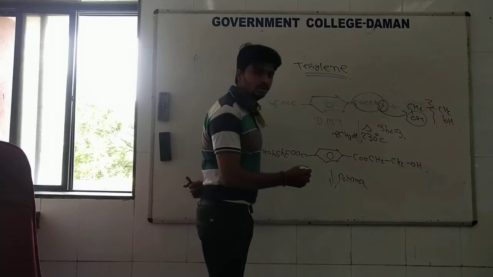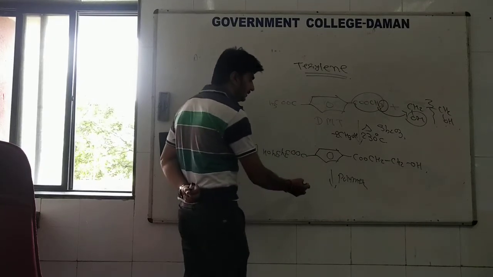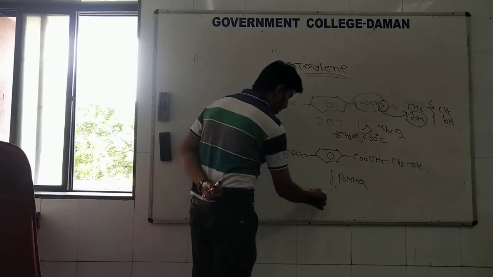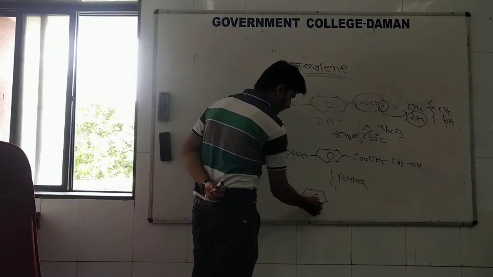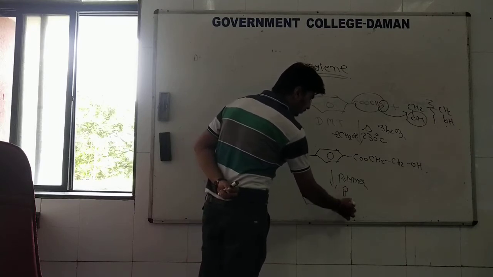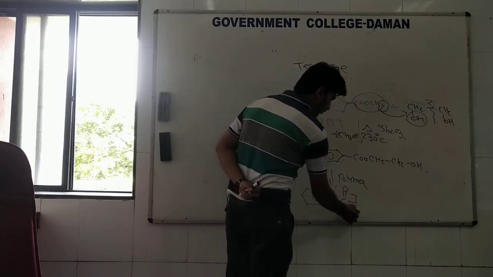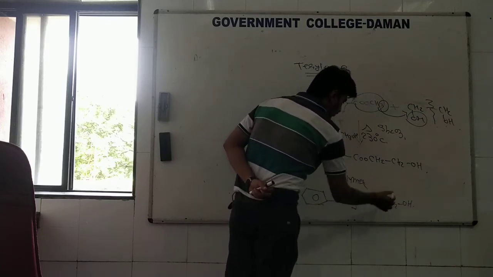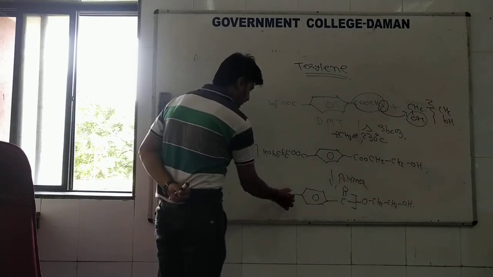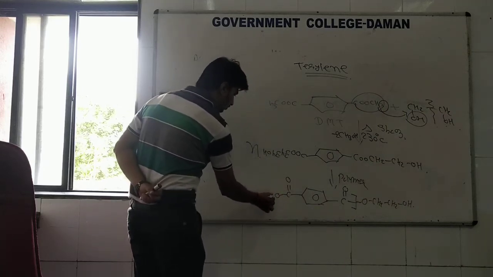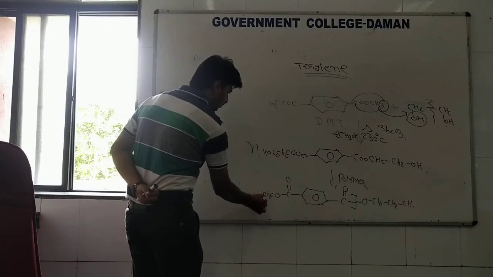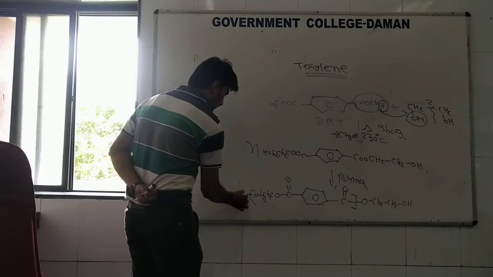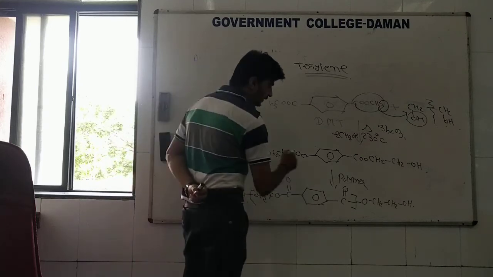So the final structure of terylene, when you take n numbers of such molecules, is written with COO CH2CH2OH units, and this is the repeating unit that will repeat.